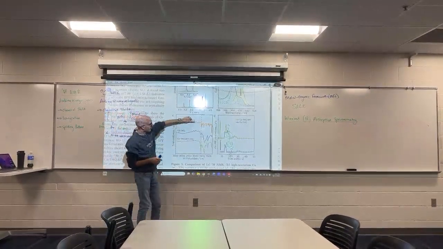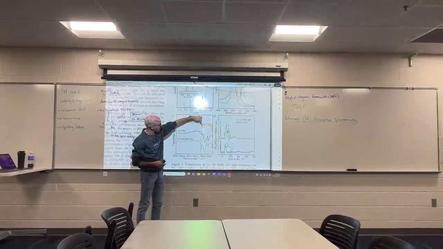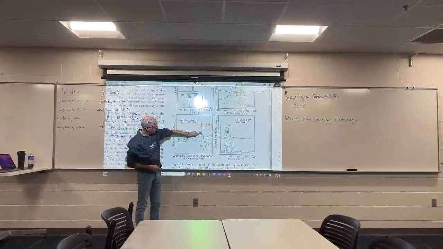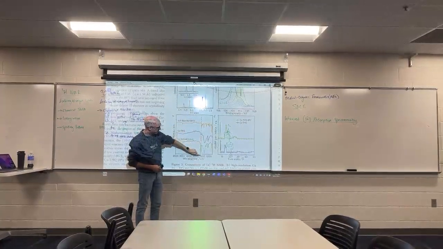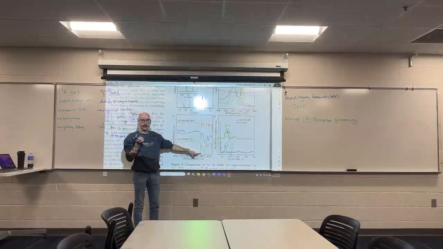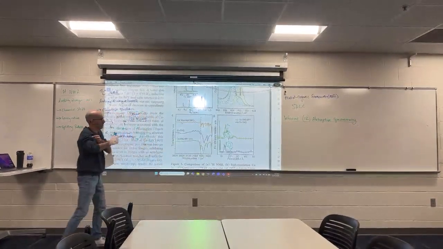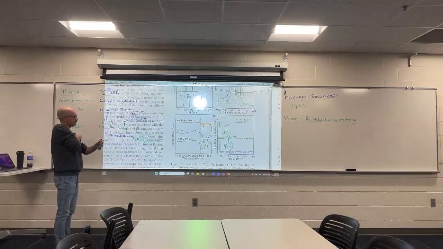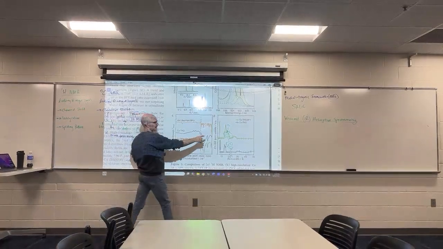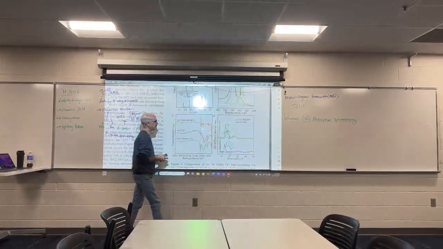There's a signal here on the orange graph that corresponds with this orange dotted line. And this actually tells me about the CN bond in bipyridine, this copper nitrogen bond.